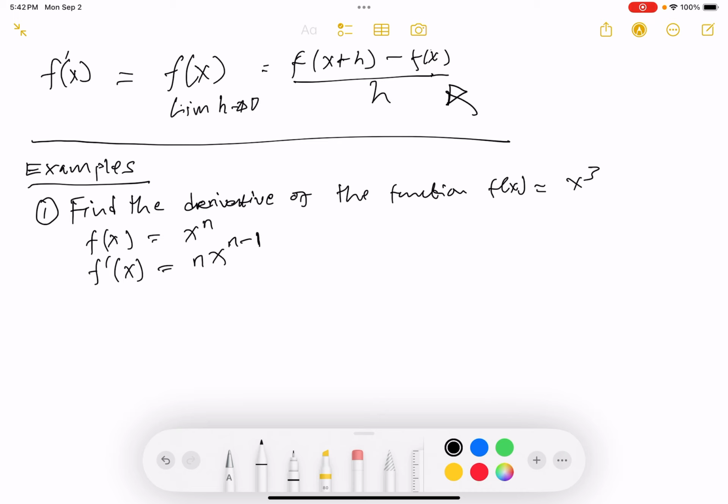In other cases, people will say df dx as opposed to f prime x, but the two are referring to the same thing.